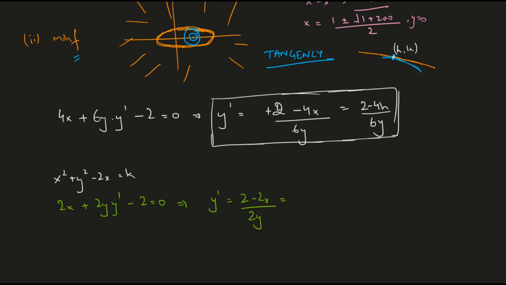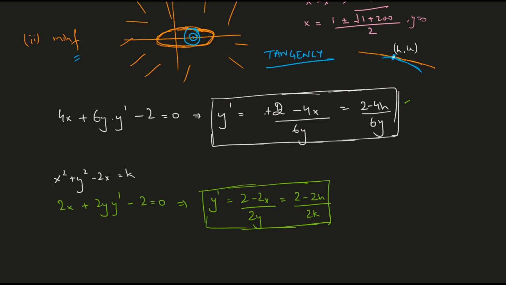This point h comma k also lies on the circle, so I can calculate its slope as well, and its slope would turn out to be this. So this is the slope of the tangent of the circle at the point h comma k. Similarly, this is the slope of the tangent to the ellipse at the point h comma k.